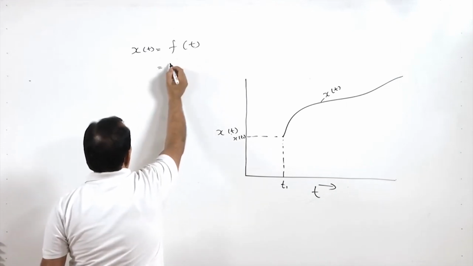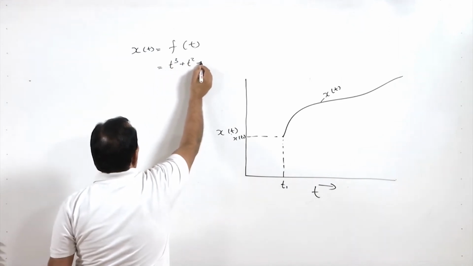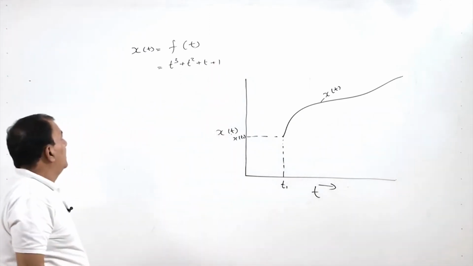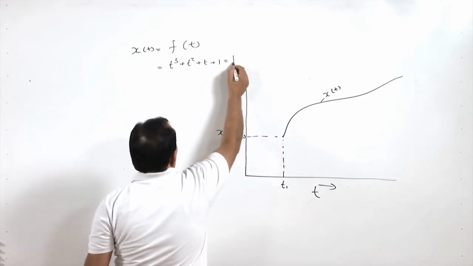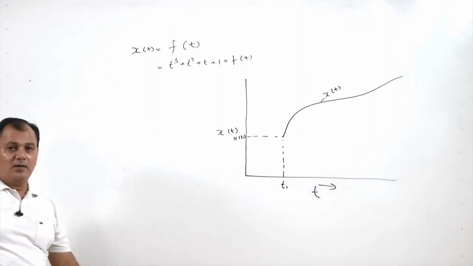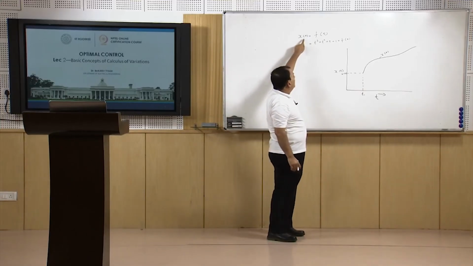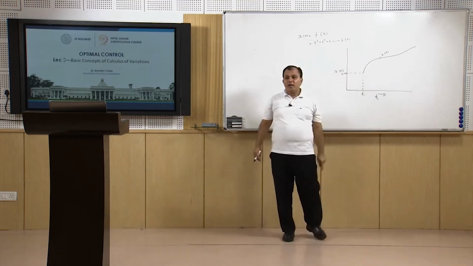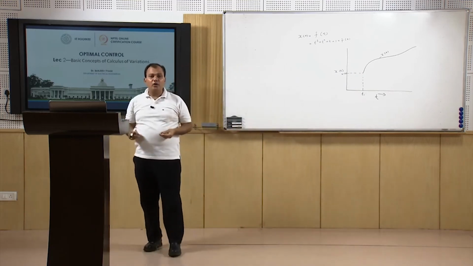For example, we can write x(t) equal to t cube plus t square plus t plus 1. So for each value of t there will be a value of x, which I can plot here, and that whole curve is represented as a function of x.